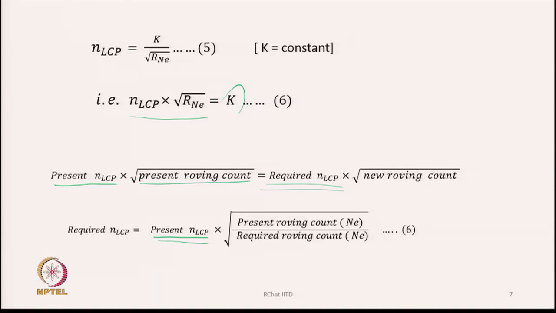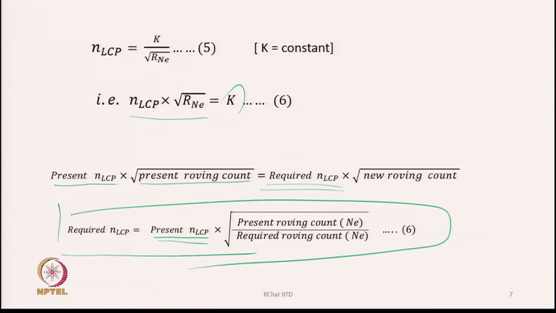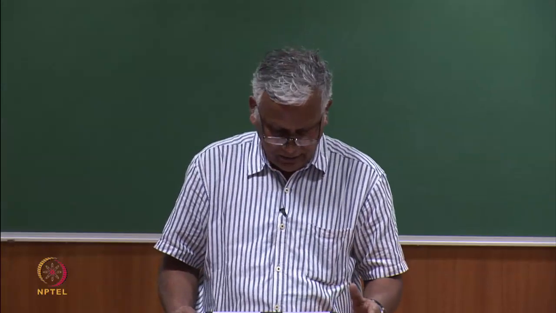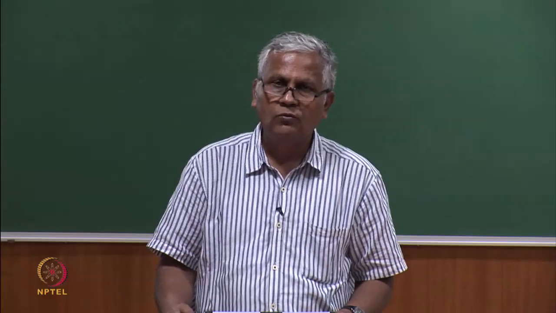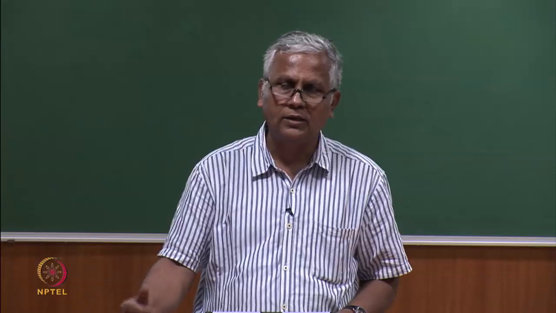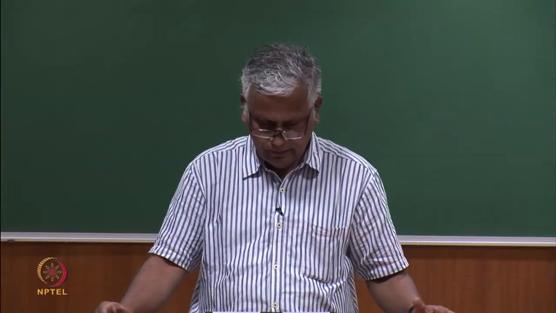If I follow this formula, I can always easily find out how many teeth I need in the lifter change pinion whenever I am changing from one count to another count, especially when the fiber is the same.